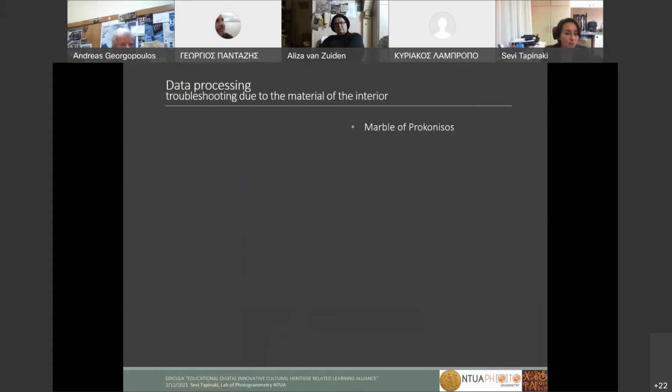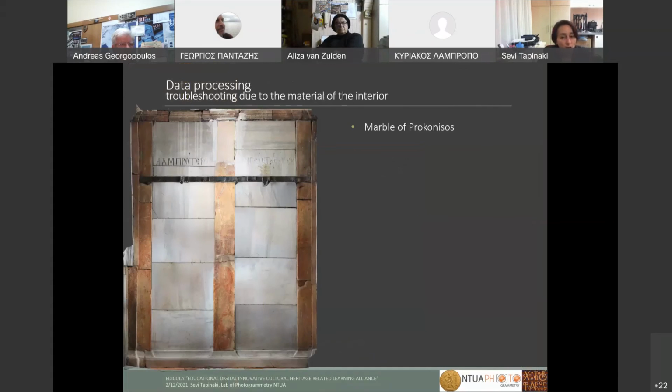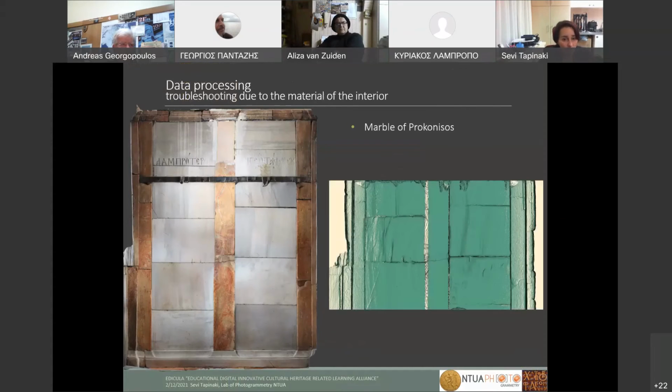Another issue came up during processing of the interior scans. We noticed that the points on the marbles were on curved and not on flat surfaces. It is more likely to be the fault of the material absorbency, since the curves follow the patterns of the marble.